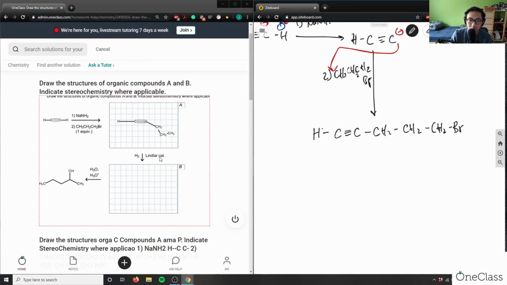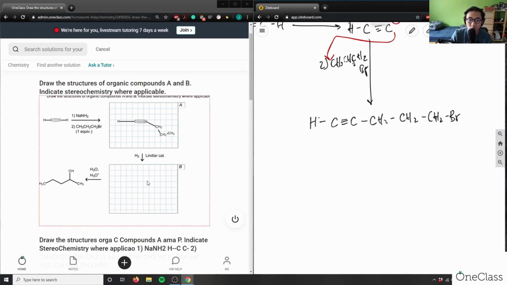After that, it's going to undergo a hydrogenation reaction, right? So this is H2 with Lindlar's catalyst. It's going to hydrogenate this triple bond here.